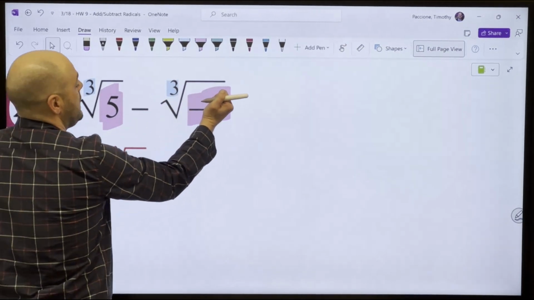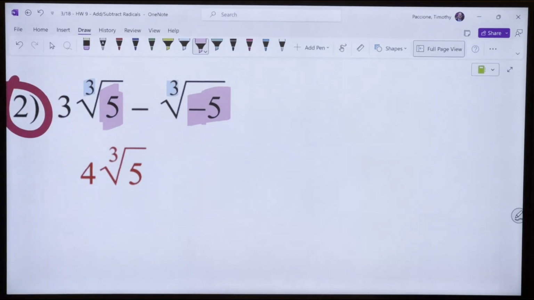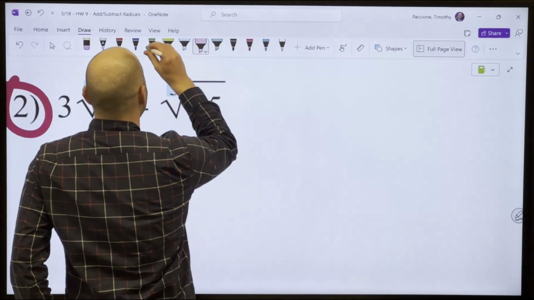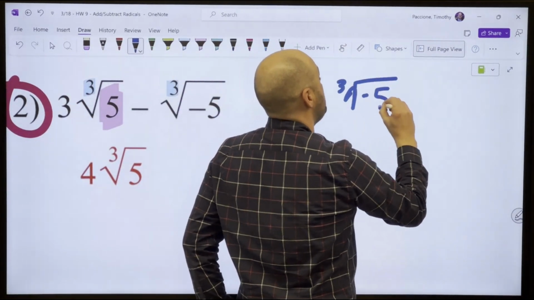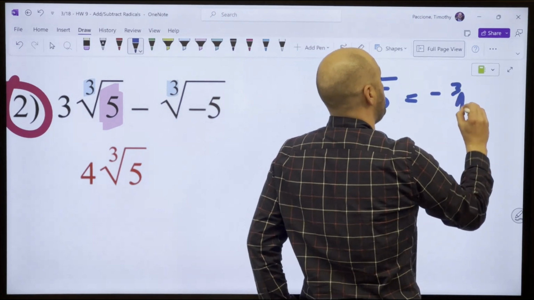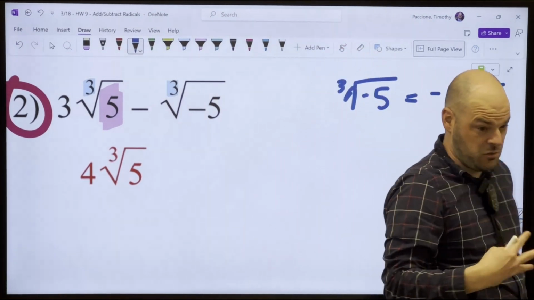Why are you allowed to do that? Because it's not like if it was the square root of a negative, I could do that. It's a cube root of a negative, right? There's basically, the rule is the third root of negative 5 is equal to negative third root of 5. Okay, that's a rule you can remember.